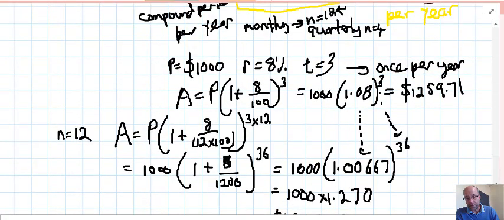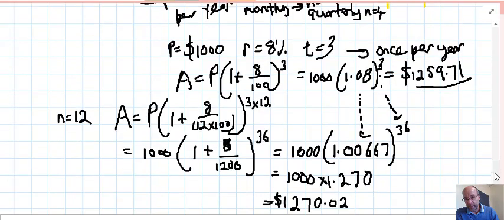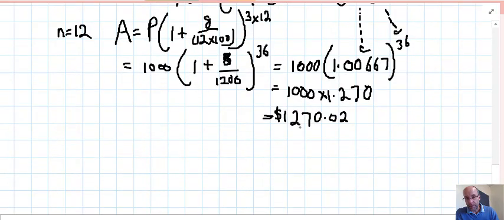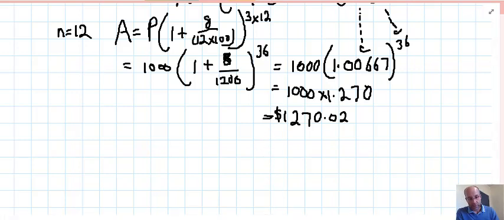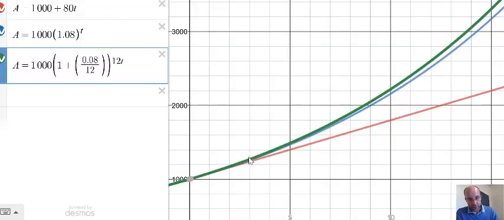Look, that was compared to 1,259.71 we got before. So 1,259 versus 1,270. Yep, and that corresponds to the graph, 1,270 after 1, 2, 3 years. Yep, there it is, right there. See that? So 1,270. And we can see the effect of compound interest.